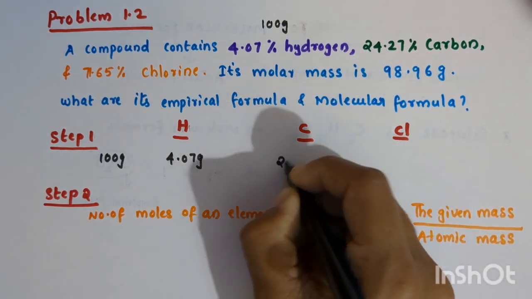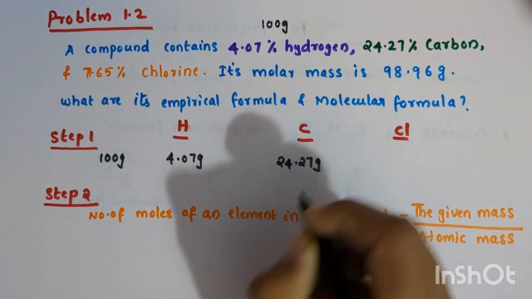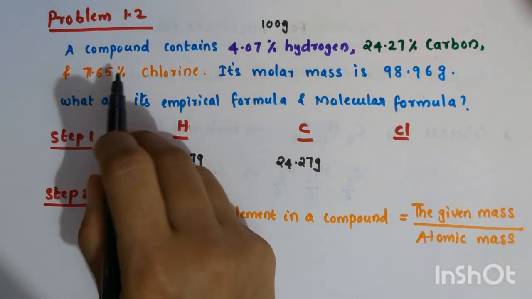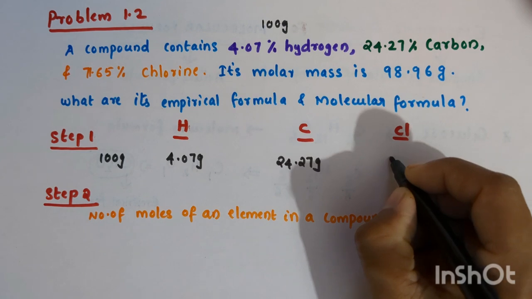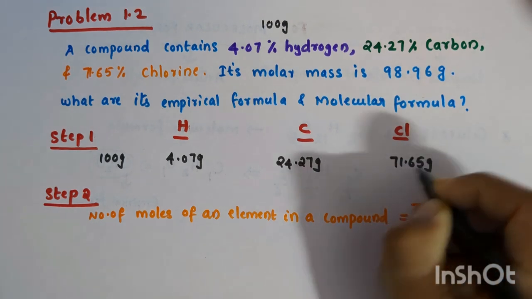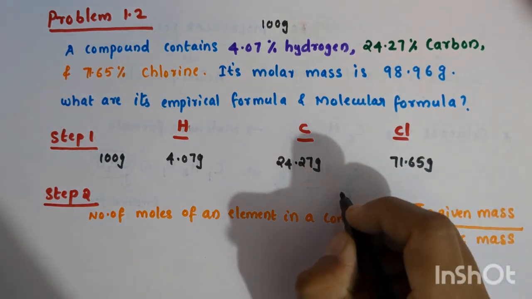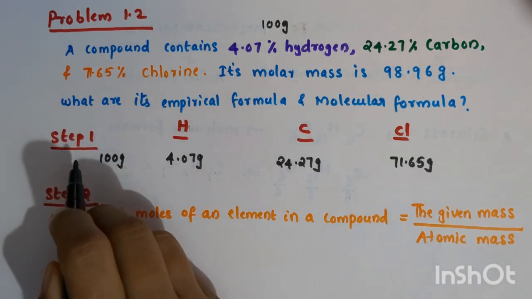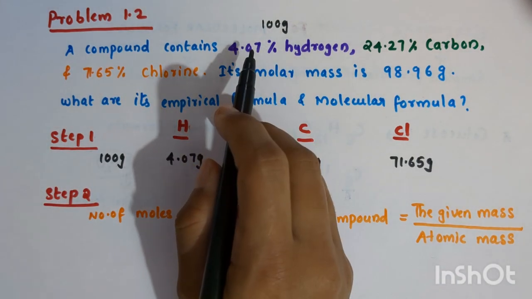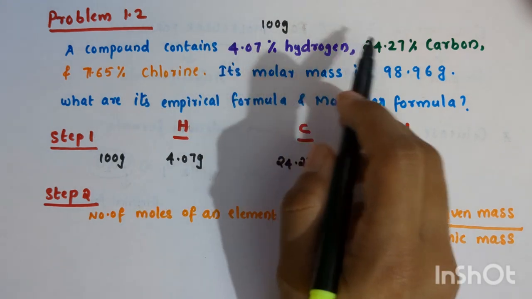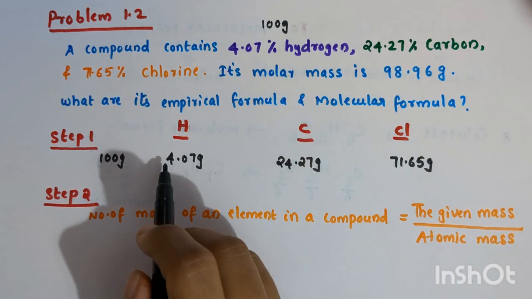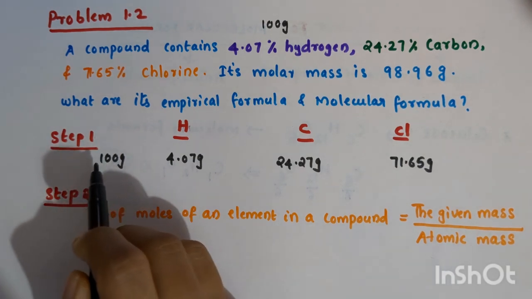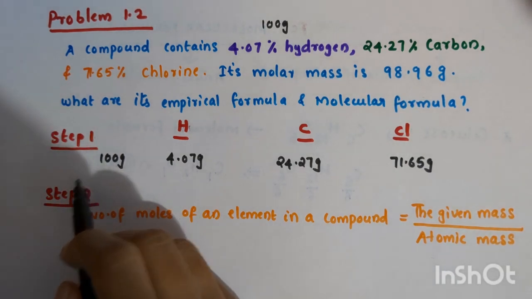That means we have 24.27 gram carbon. And 71.65% chlorine. That is, we have 71.65 gram chlorine. So the first step is conversion of mass percent to grams. In the question, the mass percents are given as 4.07%, 24.27% like that. We just converted them into grams by considering the total amount of that compound as 100 gram.